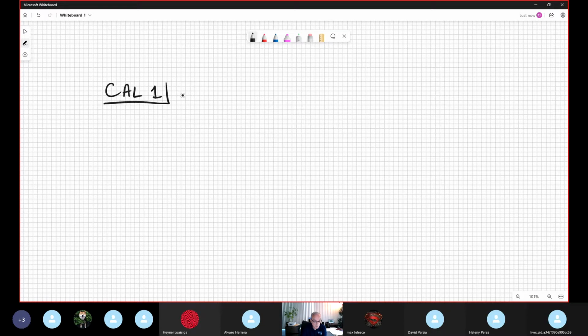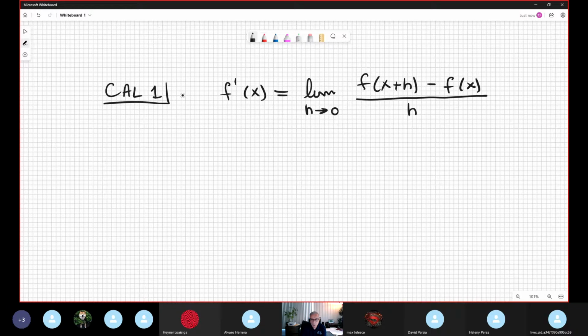In Cal 1, the definition to find the derivative is a limit. Well, at least one definition. There are two definitions, but the most popular is this.